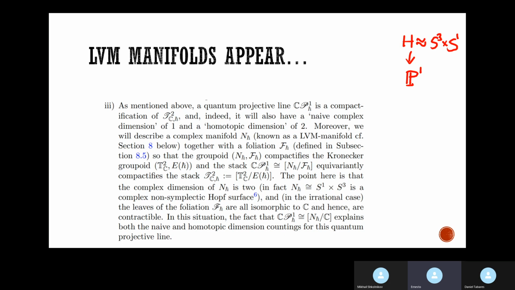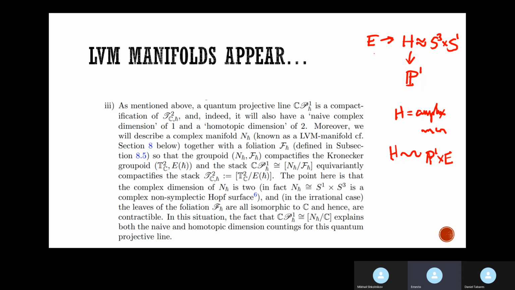And this is an important atom of complex geometry. This is a complex manifold. It's related somehow to P1, an elliptic fibration over P1. So it is a bundle of elliptic curves over P1.